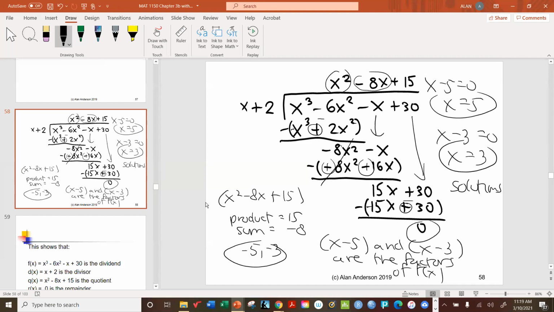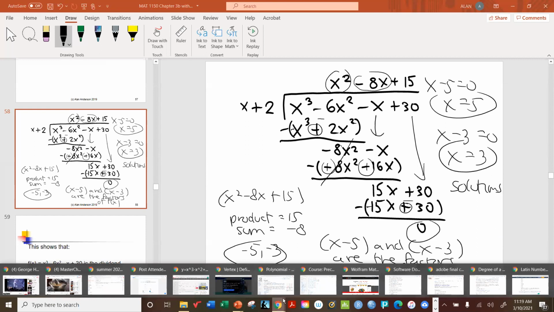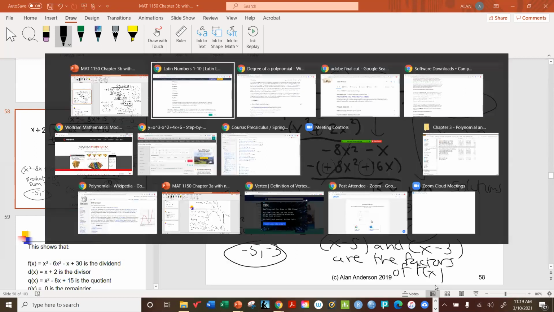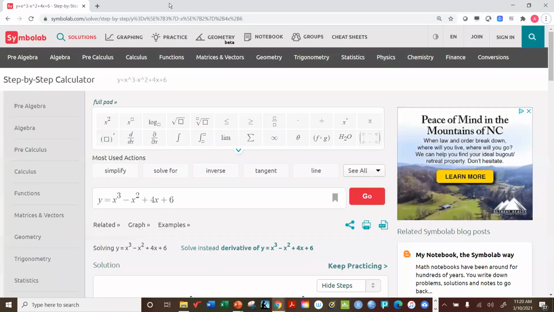Okay, and actually, just for the fun of it, let's go back to our friend Symbolab and see what this thing looks like. Where did it go? God, I've got so much stuff open here. Here we go.